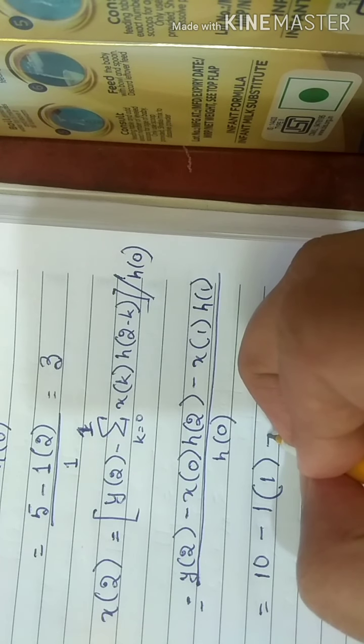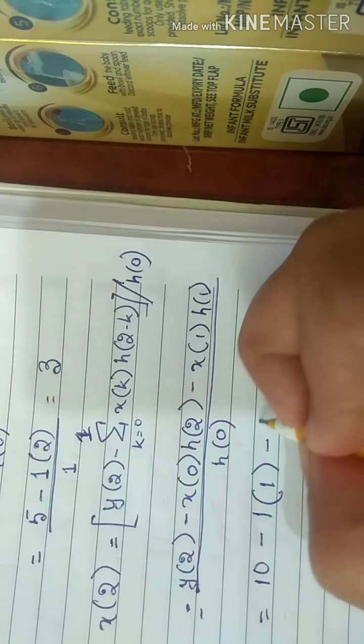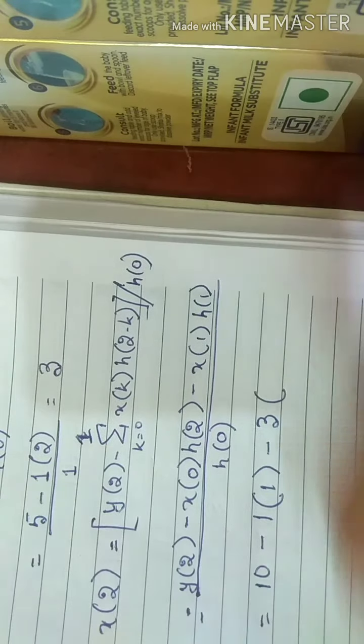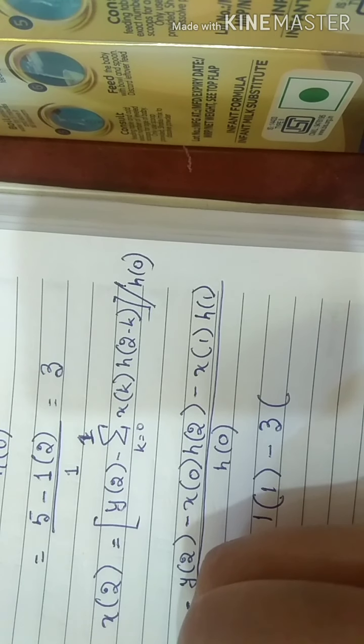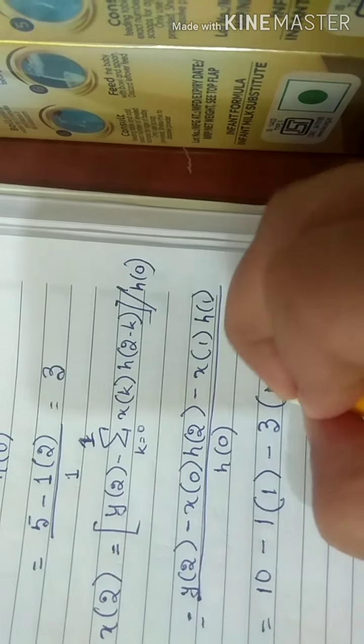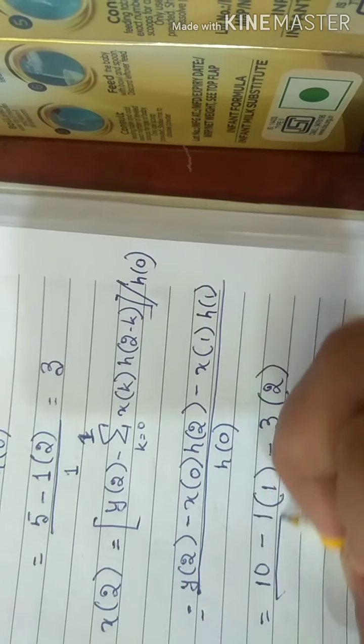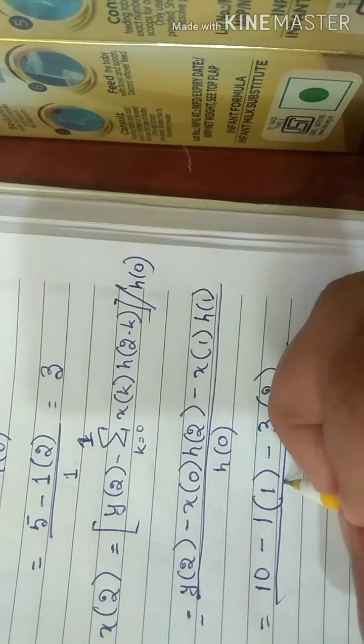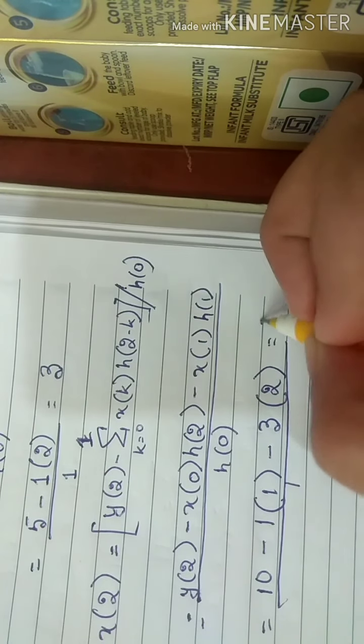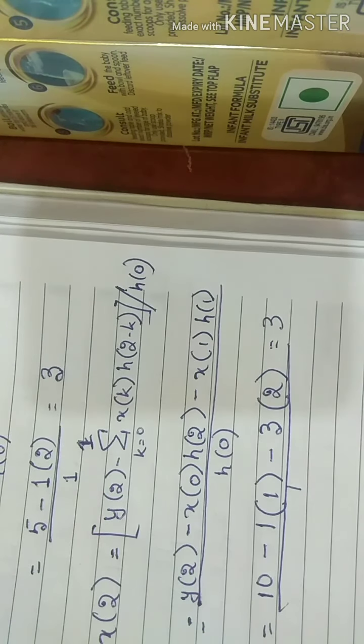Minus x[1], which is equal to 3, something we have just calculated, and h[1], the value of which is again 2. So the whole thing has to be divided by h[0], that is 1, which is equal to 3.